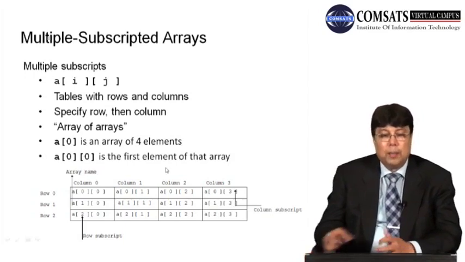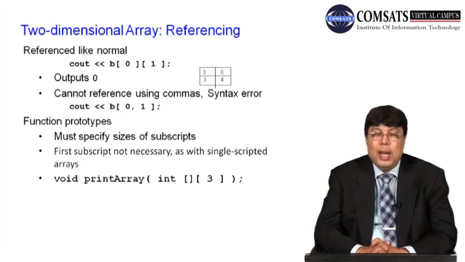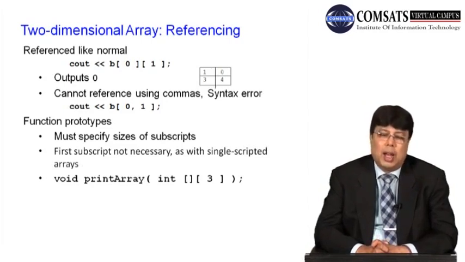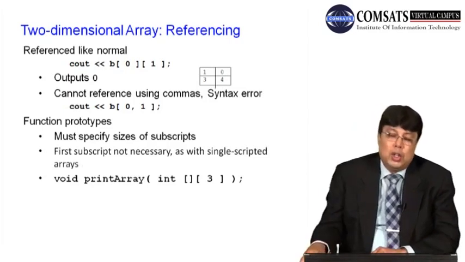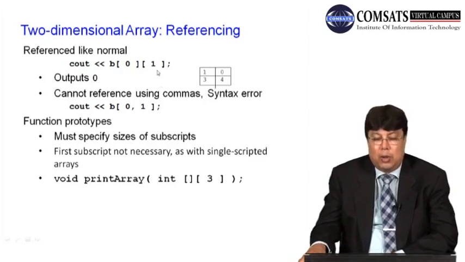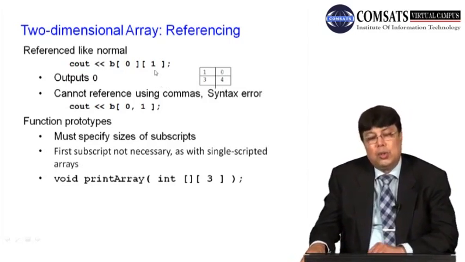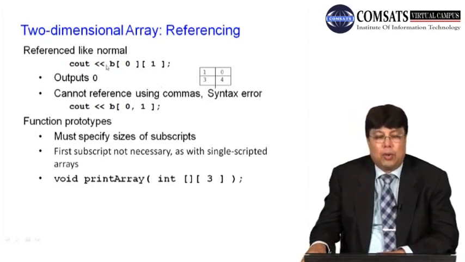Now let us move further. We can refer to each element just like we have been doing in the past, but instead of one subscript, now we are using two subscripts. So we can use this array anywhere. We can use it as part of an expression. We can use it in the output statement, which could be a printf or a cout, or we can just put it in any expression.